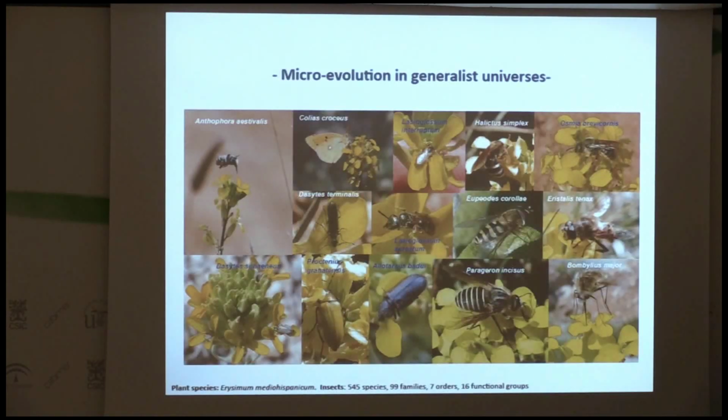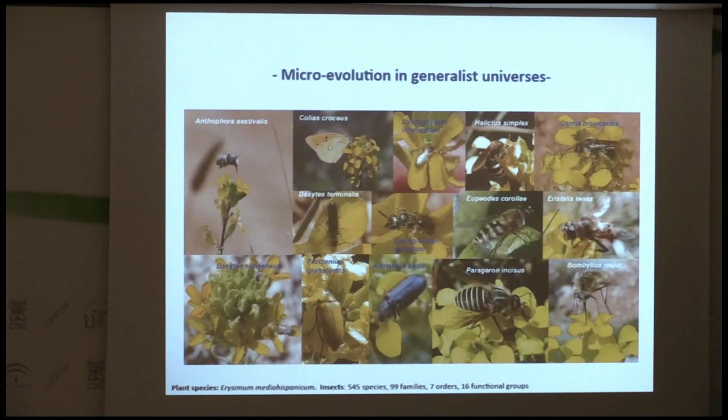With these tools, what I'm going to tell now is how generalist systems can evolve at three different levels: micro, meso, and macroevolutionary. Starting with the lower level, microevolution in generalist systems, I'm going to speak about one specific system I have been working with during the last 2 decades.